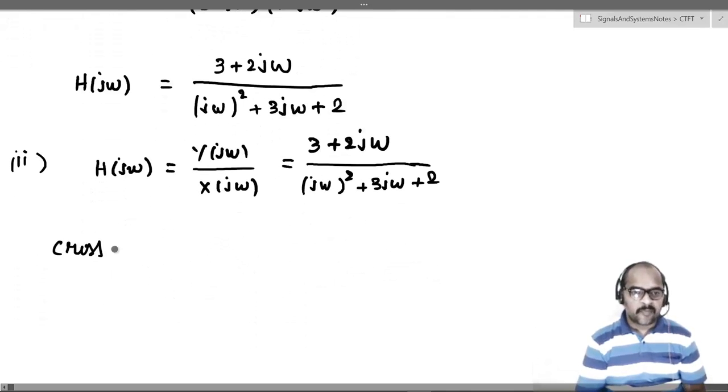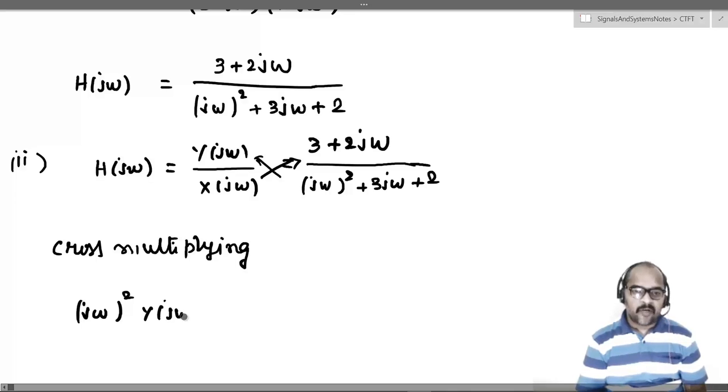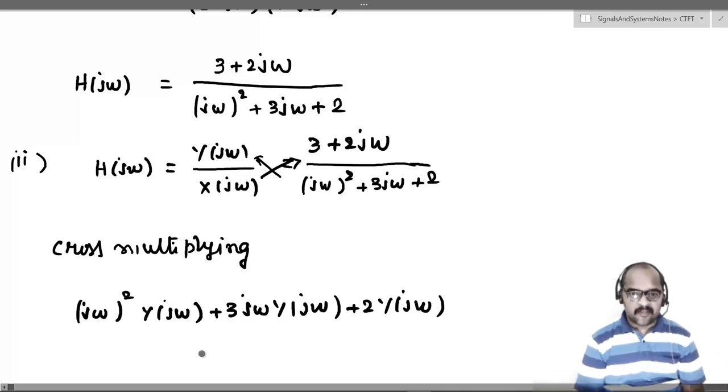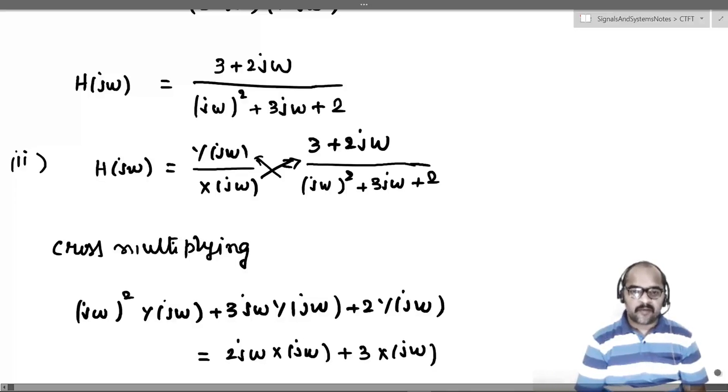On the left hand side we get j omega whole square Y of j omega plus 3j omega Y of j omega plus 2Y of j omega, which is equal to 2j omega X of j omega plus 3X of j omega.